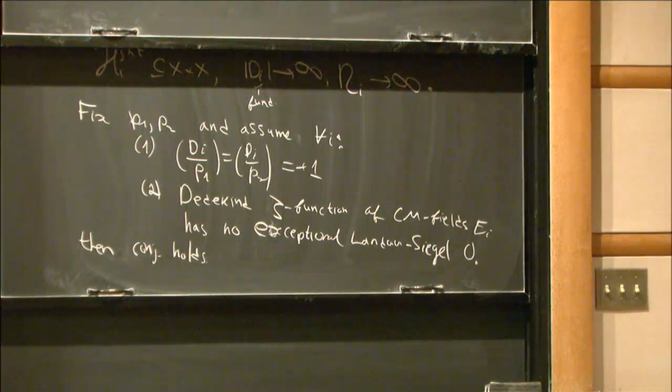So we have these two significant assumptions. You can remove each one of them and get some non-trivial statement about the behavior of these measures, and these non-trivial statements together give you the whole conjecture.